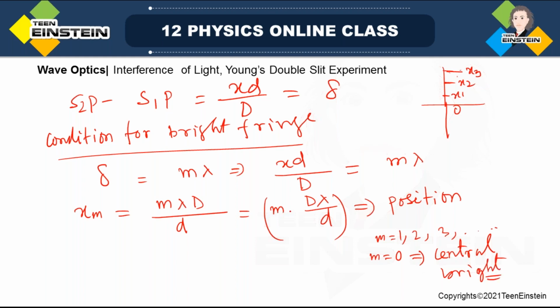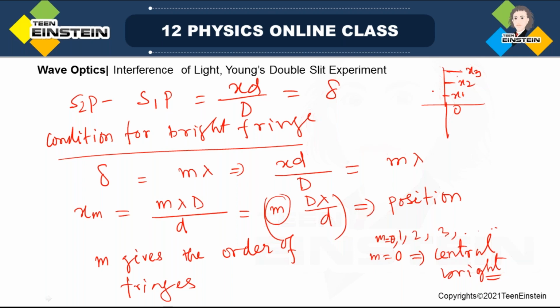Always you have to remember that. So m goes from 0 all the way. So this m gives the order of fringes.